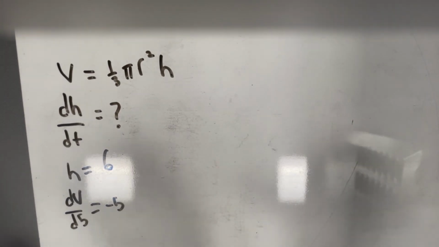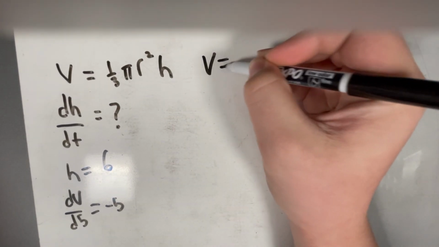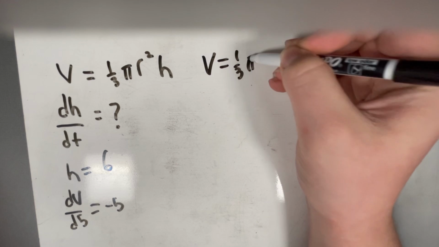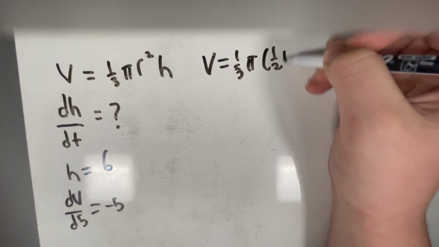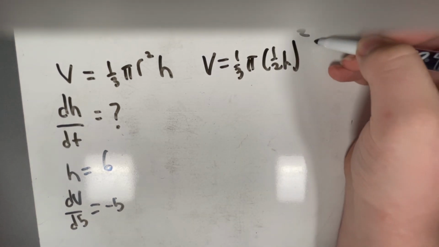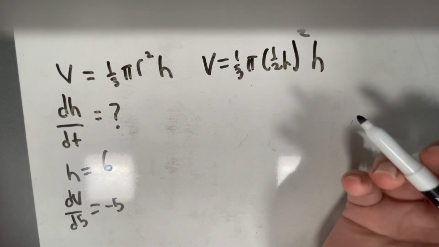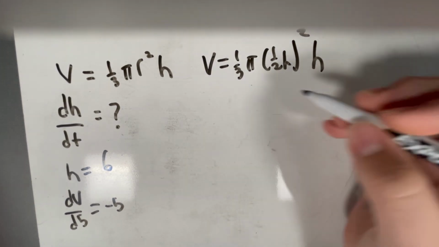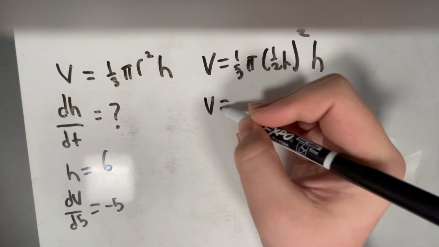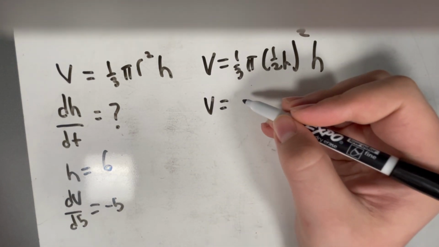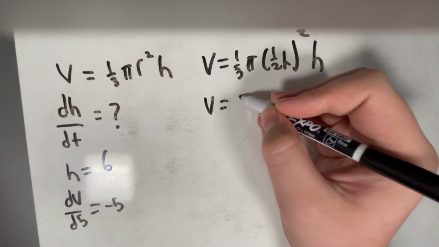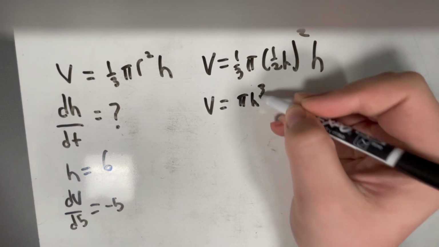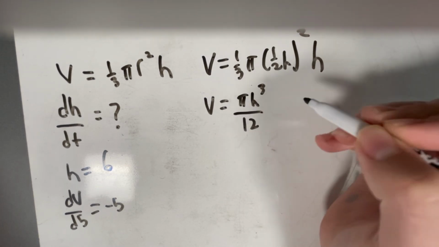Now with our volume equation, V equals 1/3 pi times (1/2 h) squared times h. It's a lot simpler because we only have one changing variable on this side of the equation, not two. After you simplify all of that down, you get V equals pi times h cubed over 12.